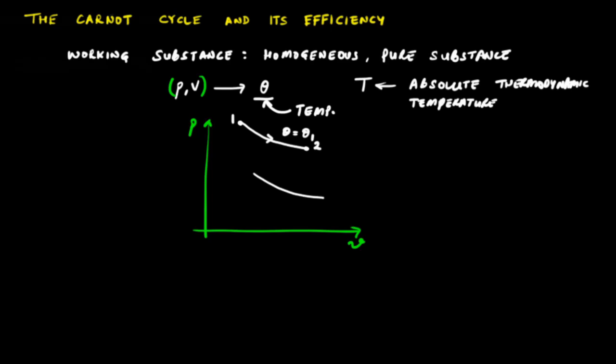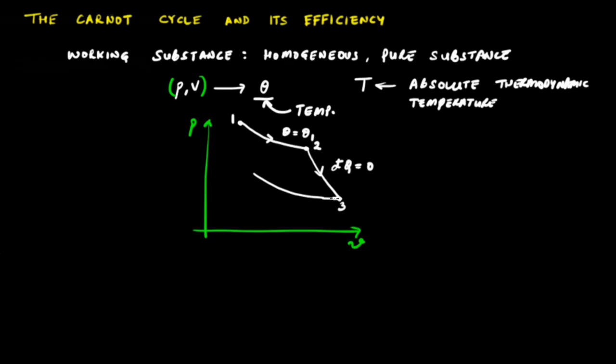Then you go from state 2 to state 3 in a reversible adiabatic process. Note that because we are plotting all these processes as paths using solid lines, we mean that we are having reversible processes only.